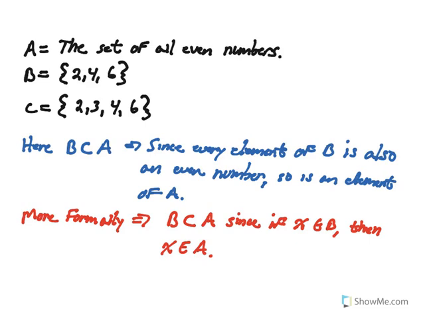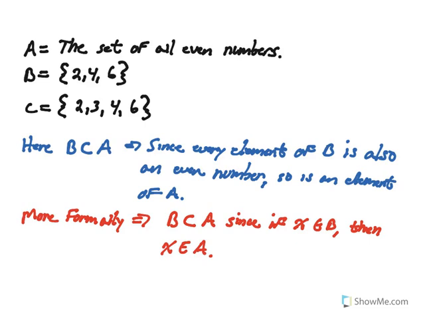Why? Because that's going to occur if x is an element of B, then x is also an element of A.